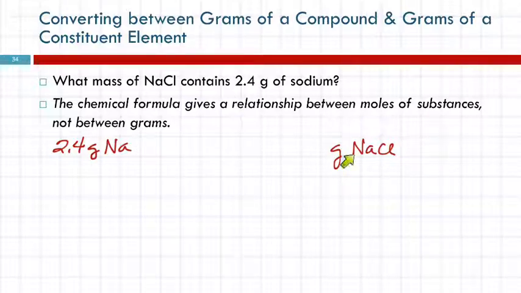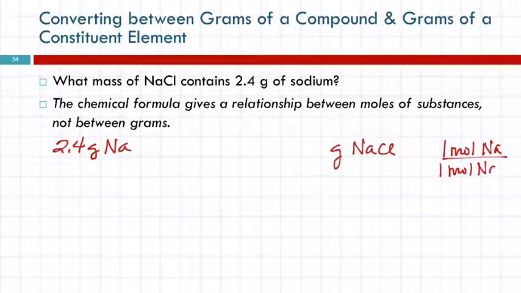But we know the relationship between moles of sodium chloride and moles of sodium, right? If we look at the formula, there's one atom or ion of sodium in 1 unit. So that means that there's 1 mole of sodium in 1 mole of sodium chloride. Just looking at the subscripts, the unwritten subscripts in the formula.